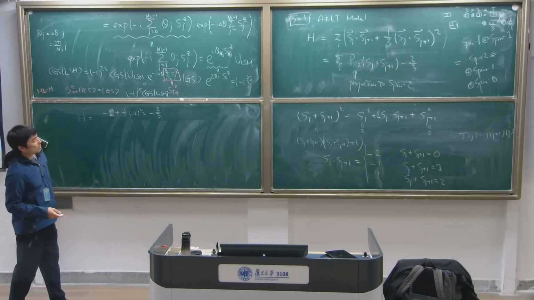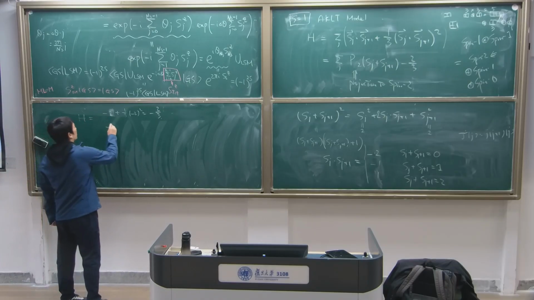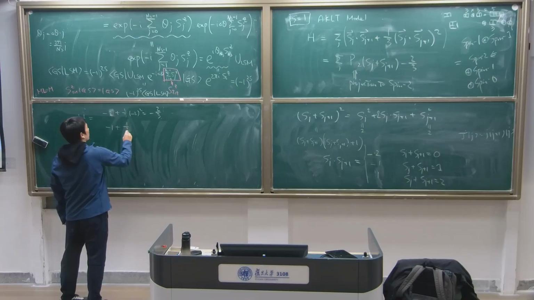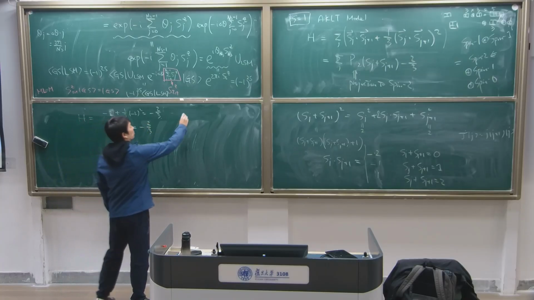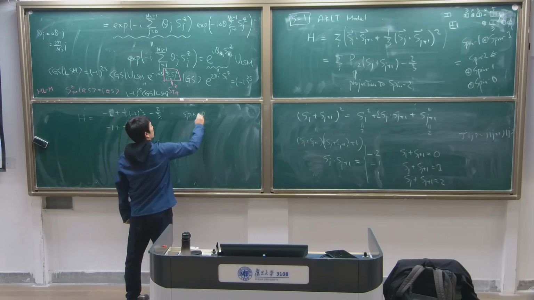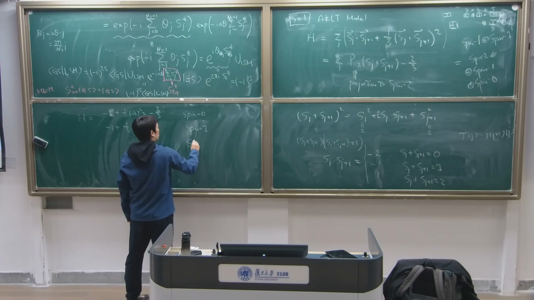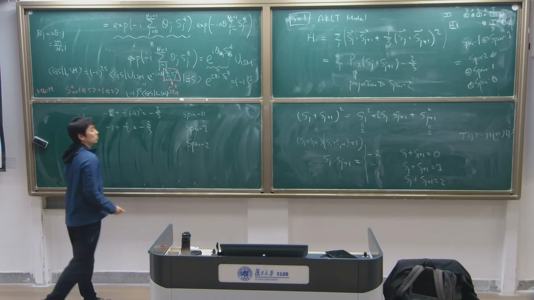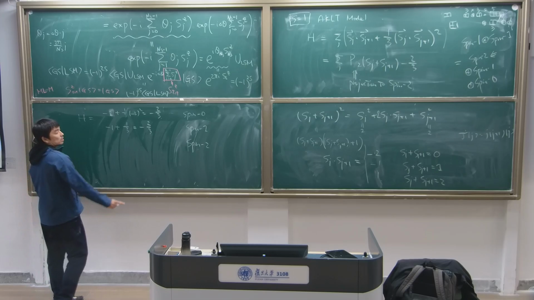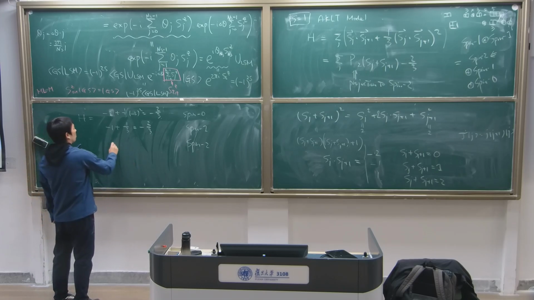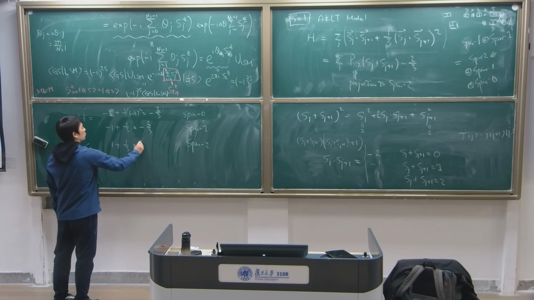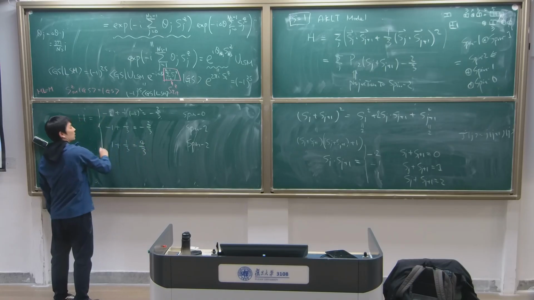Okay, so next is minus 1. Minus 1 plus 1/3 is equal to minus 3/3. And then this is spin 1 in here. That's spin 1. That's spin 2, is equal to 1. That's why it's 1. So 1 plus 1/3 is equal to 4 over 3. Okay.